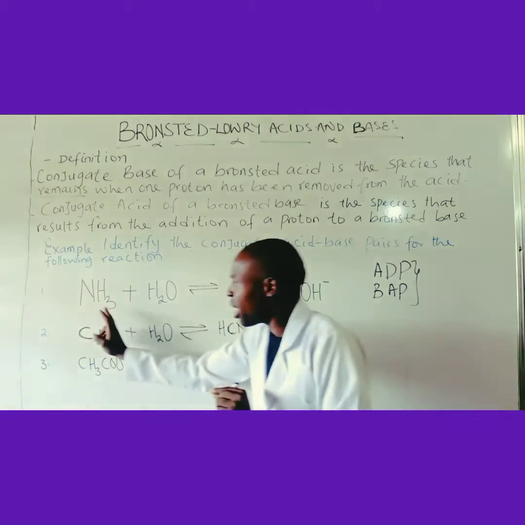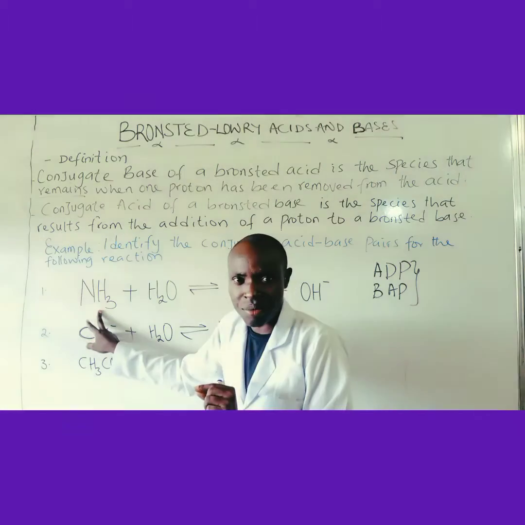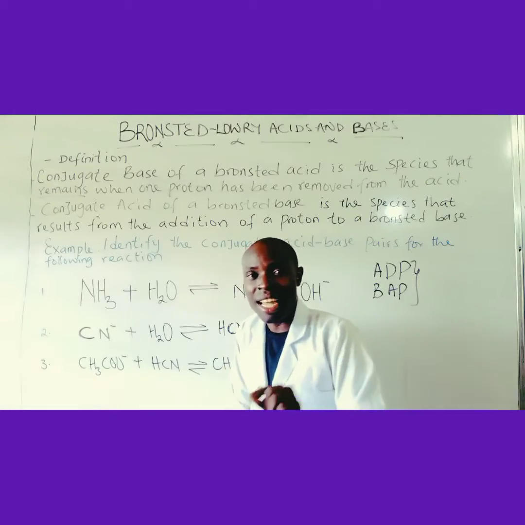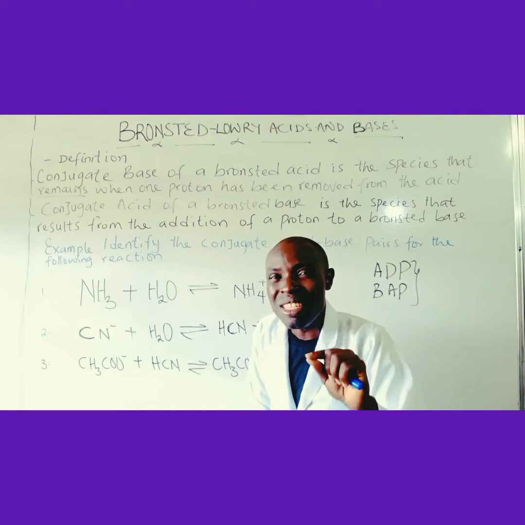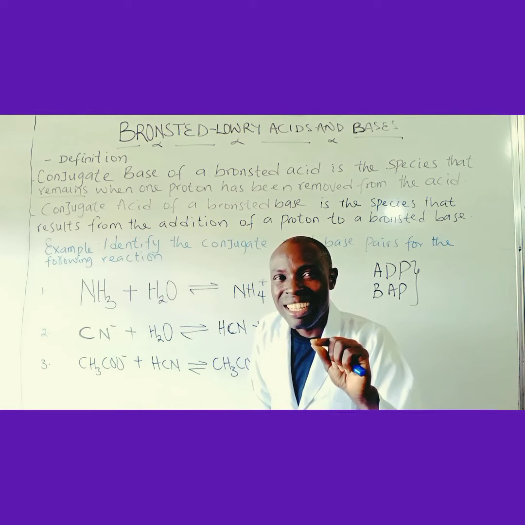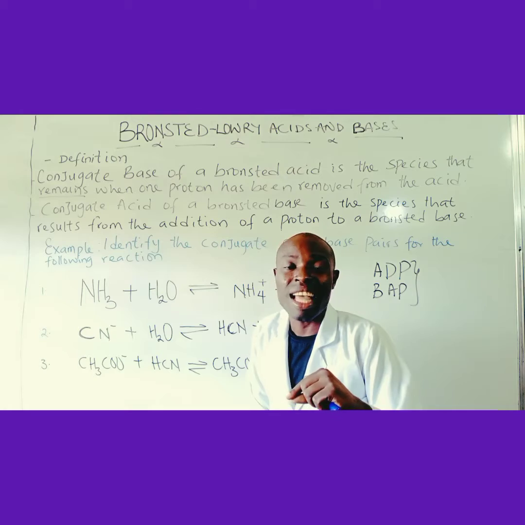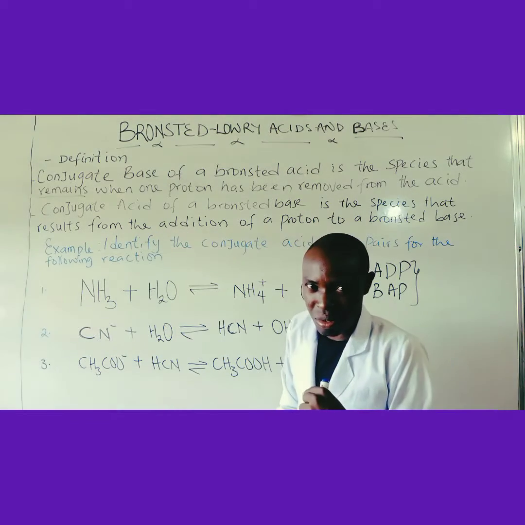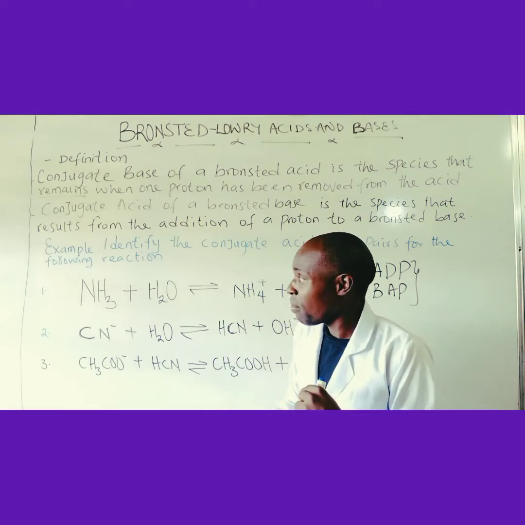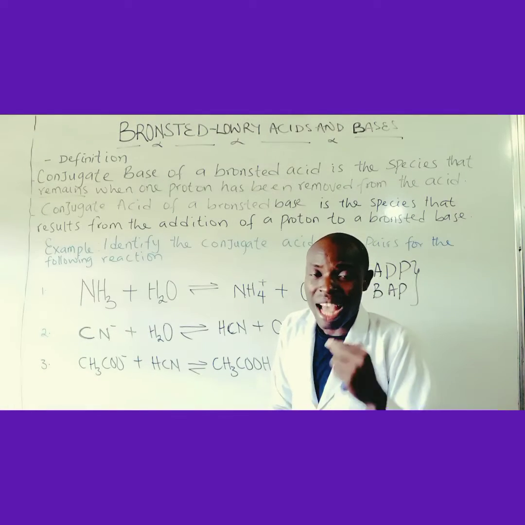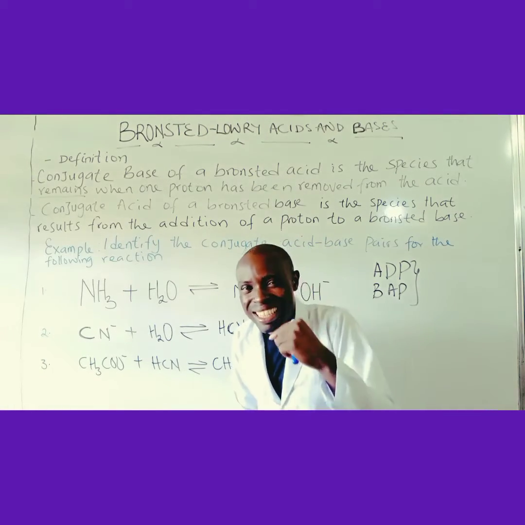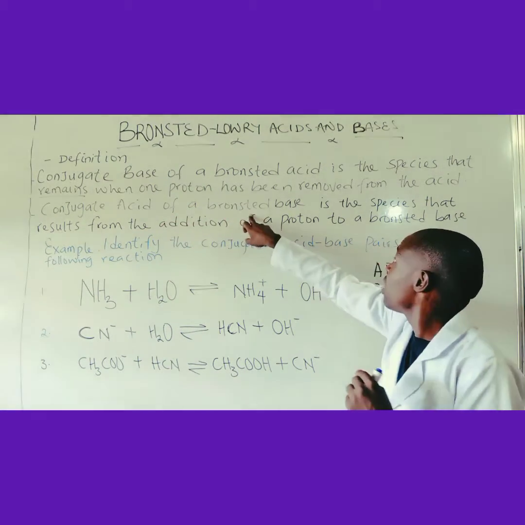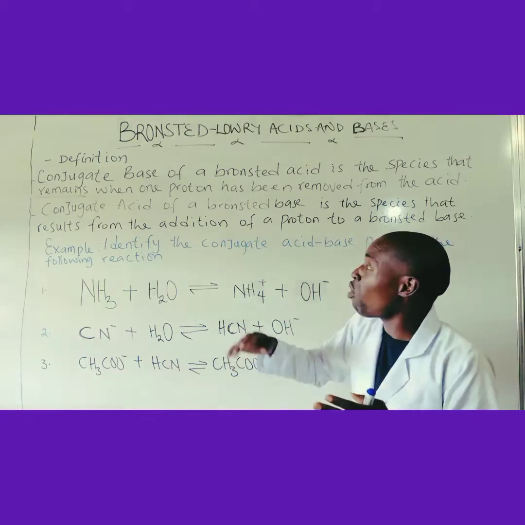Now, we come to example 1. What is the Bronsted acid and what is the Bronsted base? Remember I've told you that a Bronsted base is a base that accepts a proton, and that a conjugate acid of a Bronsted base is the species that results from the addition.